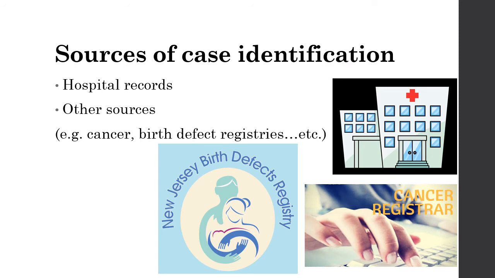What about the case identification? Case means the outcome, right? Because if you are following up people who are exposed and unexposed, and you are waiting for them to develop the outcome of interest during the study period until the end of it, how do you define who developed the cases compared to those who did not develop it?